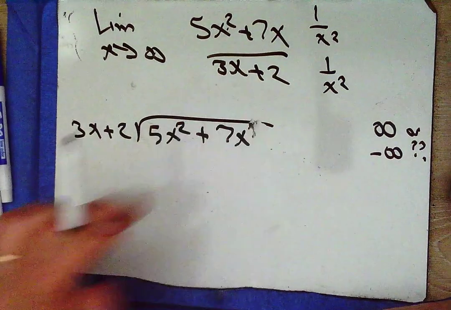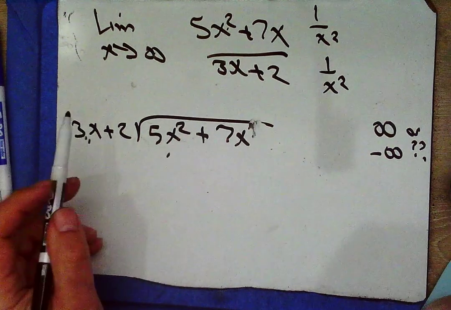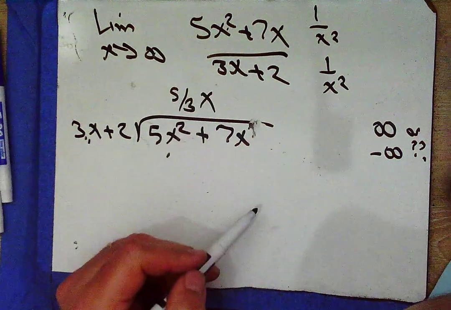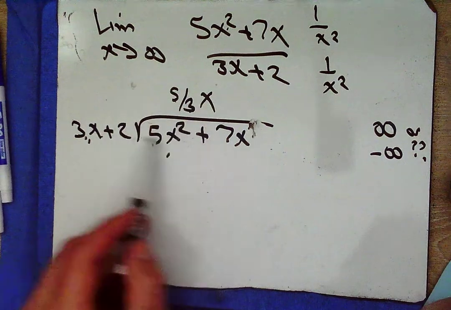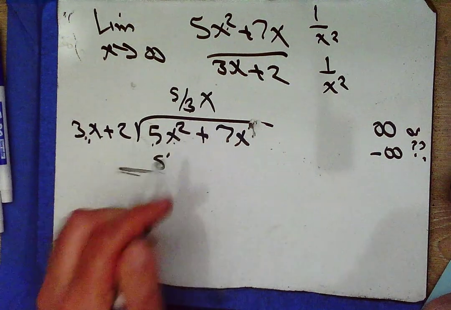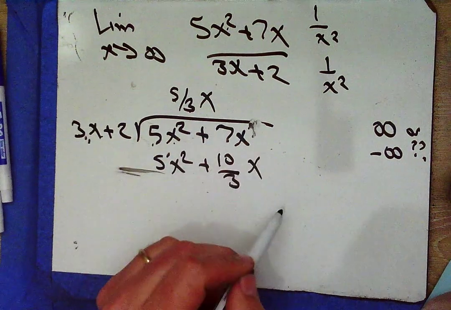Oops, 7x. So what do I have to multiply this by to turn it into that? I have to multiply it by 5/3 x, because then the 3 will go away, and the 5 will show up, and x times x makes x squared. So I've got 5 x squared plus 10/3 x.